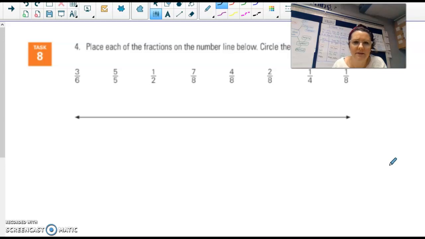All right, so I have several eighths, so I'm going to go ahead and divide this number line into eighths. This is where my mind is going. Okay, so I'm going to make sure I put 0 here and 1, and actually I may go ahead and put 1/2 because I know that goes right in the middle.